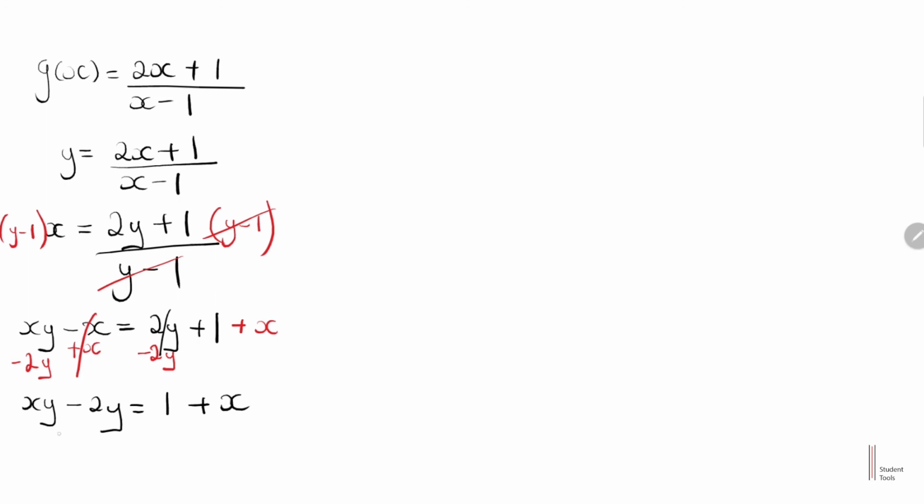So here, because we want to make y the subject, let us factorize this part. Because we have y as the common factor, we will factor it out. So we will have y, open bracket, we have x for xy, and to get minus 2y, we will have y multiplied with a minus 2, close bracket.